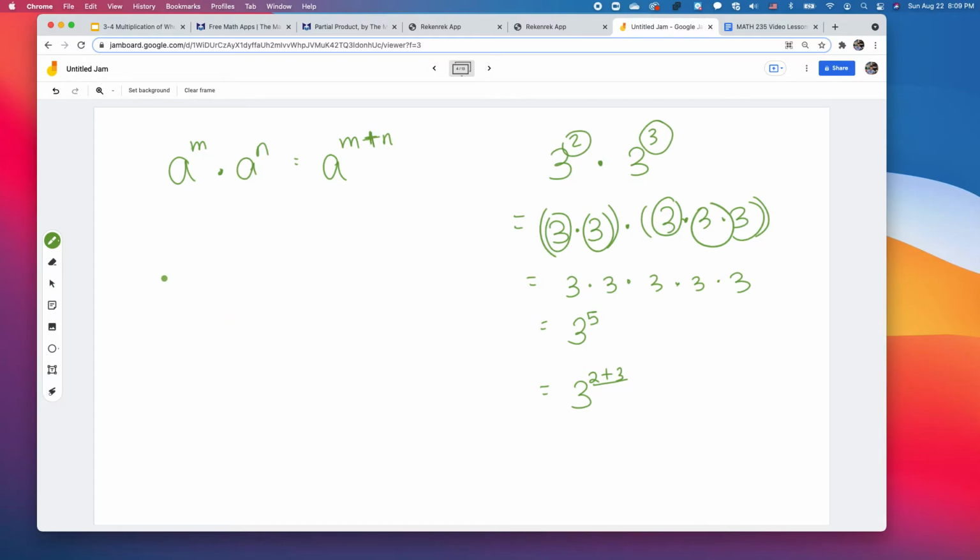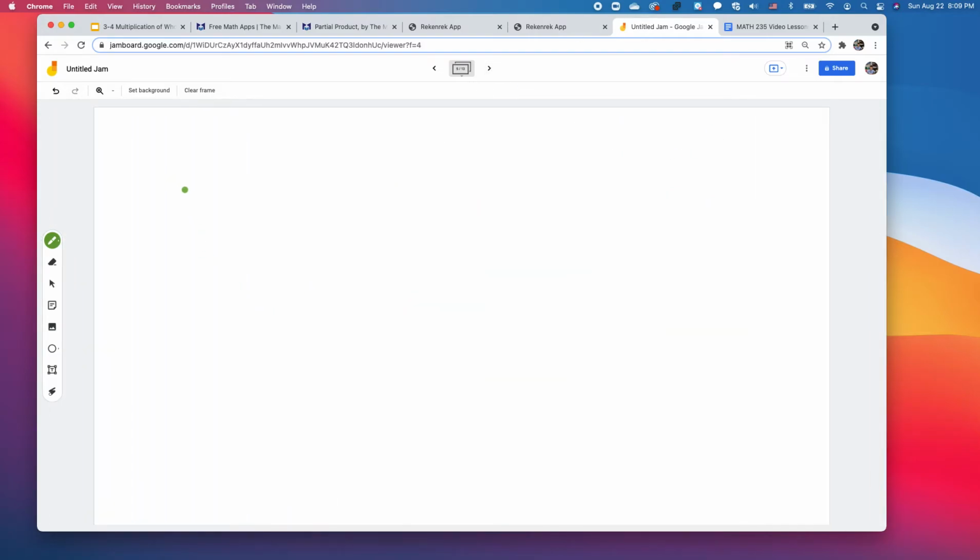Okay, if you are having power over power, like a to the mth power to the nth power, let's look at this example. Let's think about 2 to the 5th power to the 3rd power. Well, let's look at the big picture.